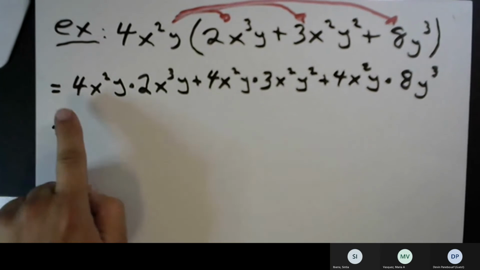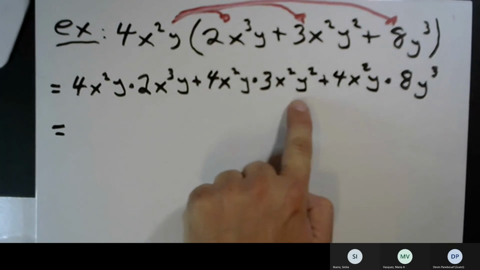So that 4x squared y goes to each of these terms.